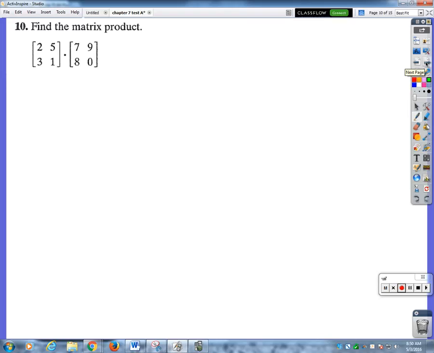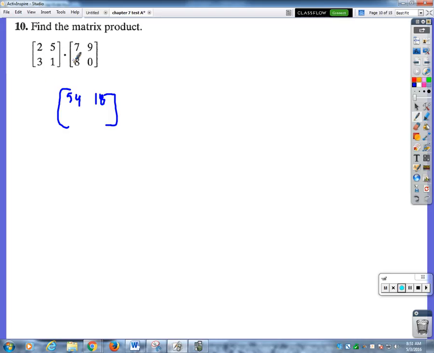Okay, find the matrix. Oh, yeah, you can do it on the calculator, but a 2 by 2 is pretty easy to just do by hand. So I'm going to go this row right here times this column. So 2 times 7 is 14 plus 40 is 54. And then I'm going to stick with this row times this column. 2 times 9 is 18 plus 0 just is 18. Now we're going to go down to this row times this column.